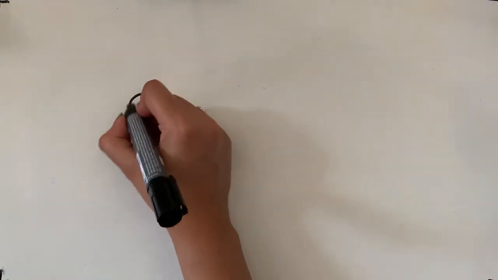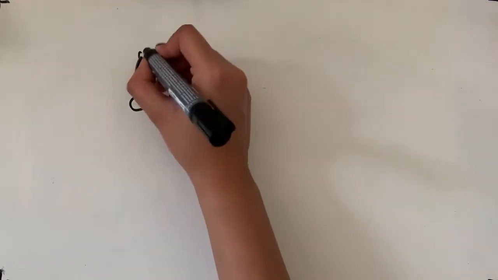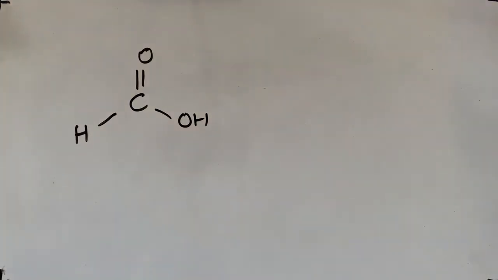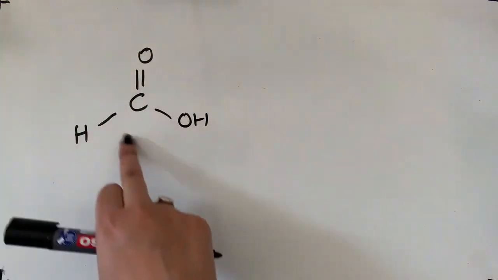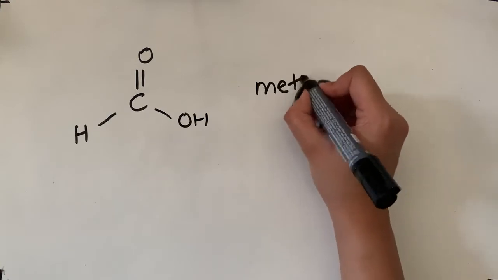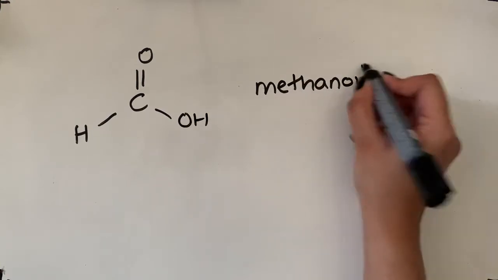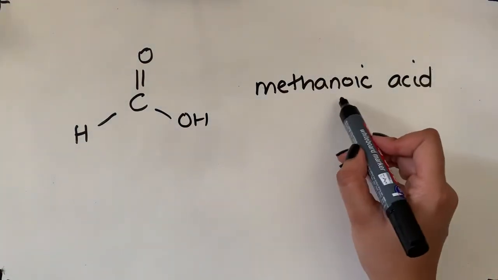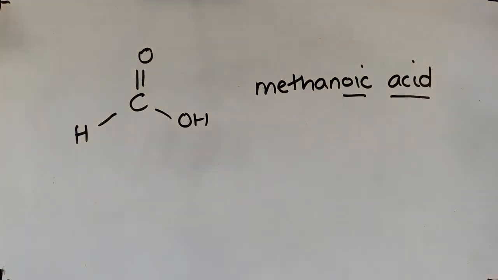So the simplest one is this one over here. So we've got our carboxyl group, it's only got one carbon in the chain. This one here is called methanoic acid. Okay, so number of carbons, and they all end in oic acid, like so. Okay, if we just go to the next one, this should hopefully just be recapped for you guys.